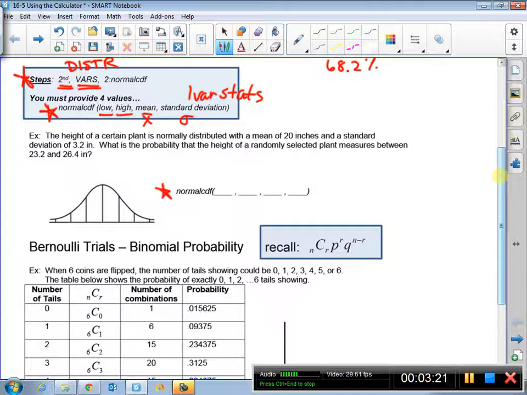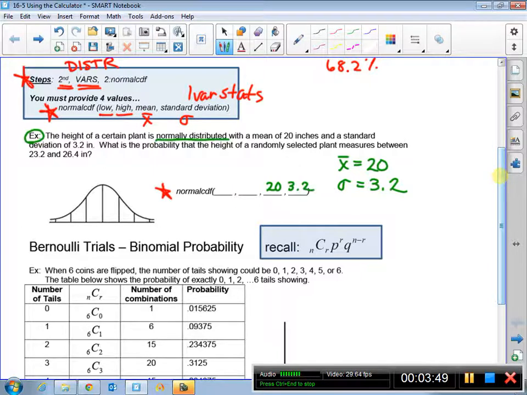So our first example says the height of a certain plant is normally distributed. You want to look for those words. With a mean of 20. Excellent. So we know the mean already. And a standard deviation of 3.2. So we know when we do this, we're going to put a 20 and a 3.2 in there.